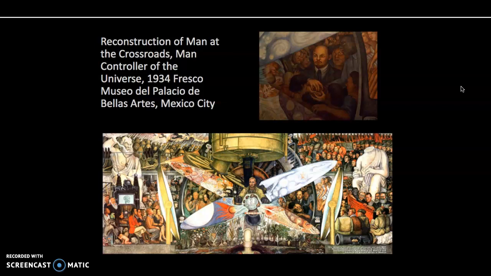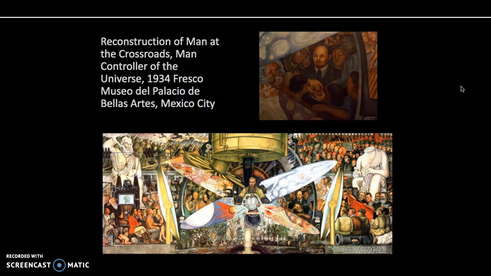And this is exactly what Rockefeller did not like. He insisted that Lenin be removed. Rivera said no. There were huge debates. There were demonstrations, people picketing on both sides outside of the RCA building.